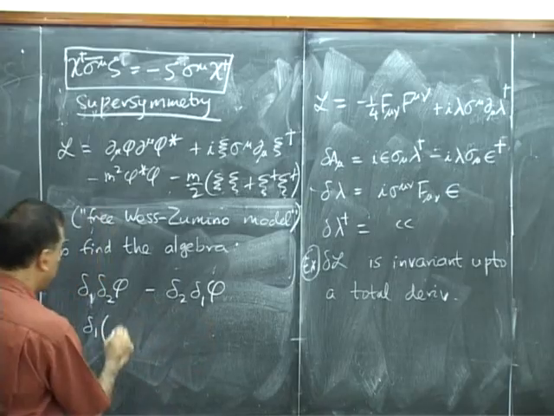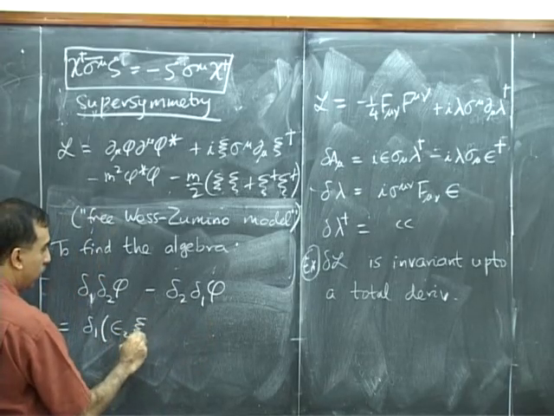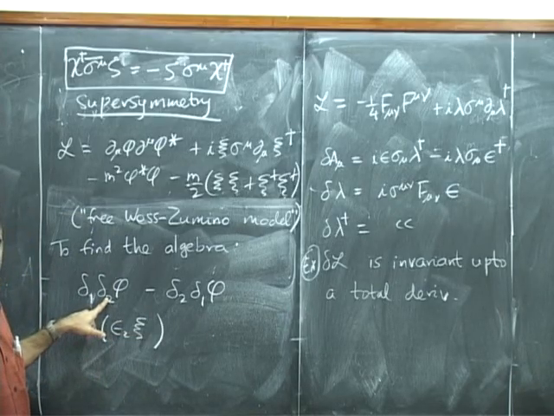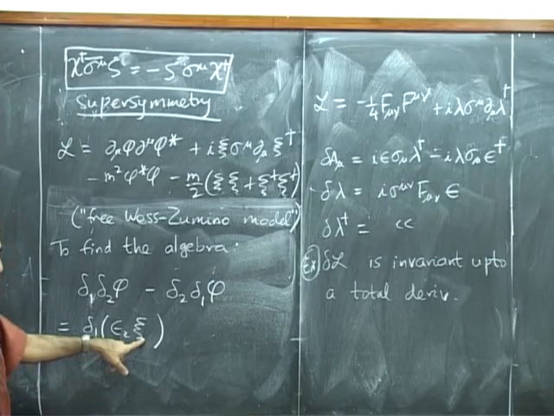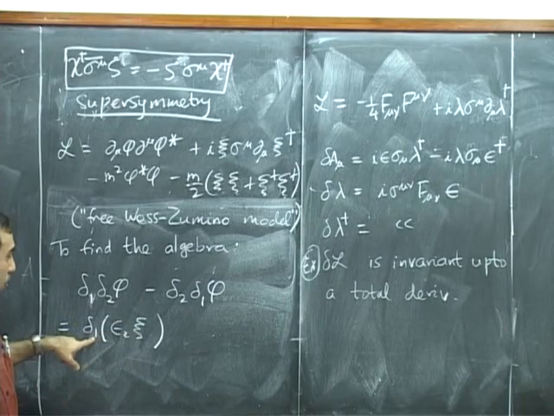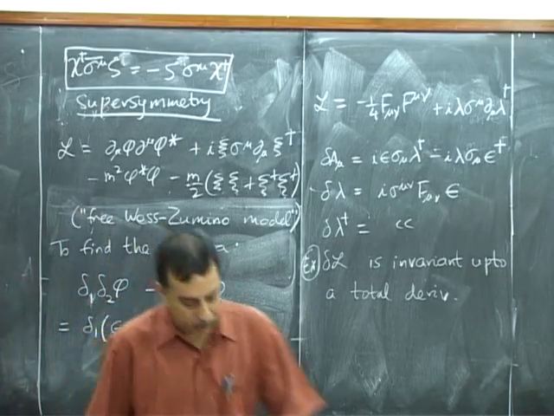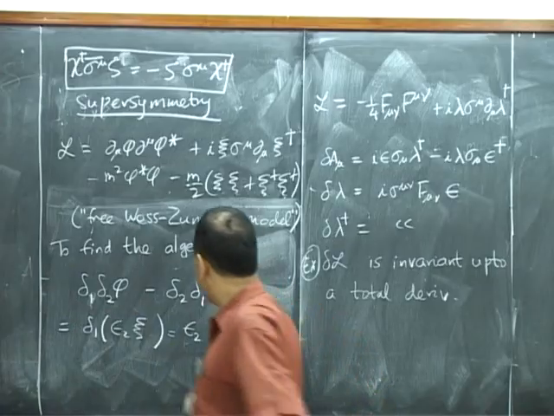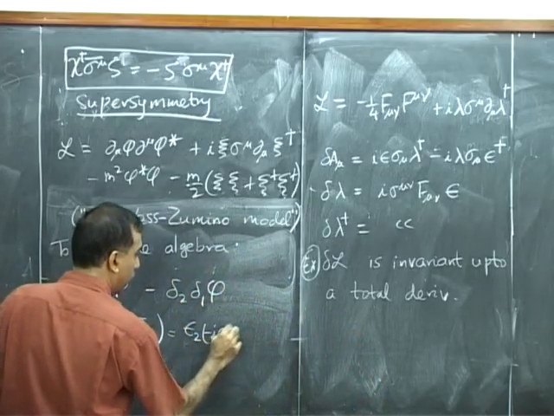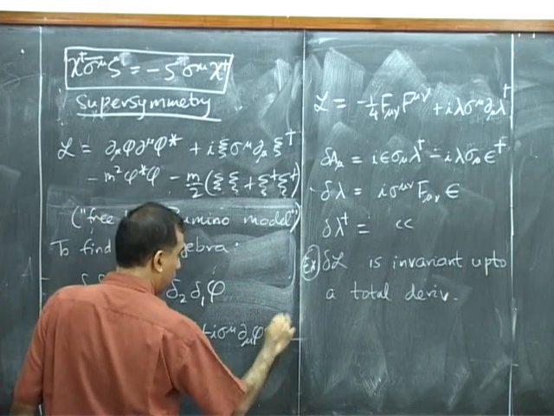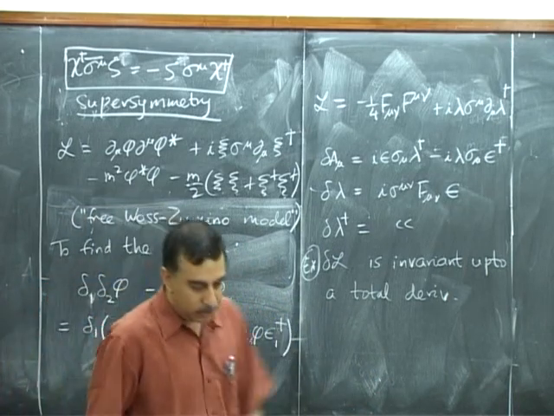Now delta 2 phi is epsilon 2 psi. Epsilon 2 is the name of the parameter for delta 2. Okay. Now that I have done this, I need to vary psi with parameter delta 1. So this is epsilon 2 times the variation of psi, which is minus i sigma mu del mu phi epsilon 1 dagger.